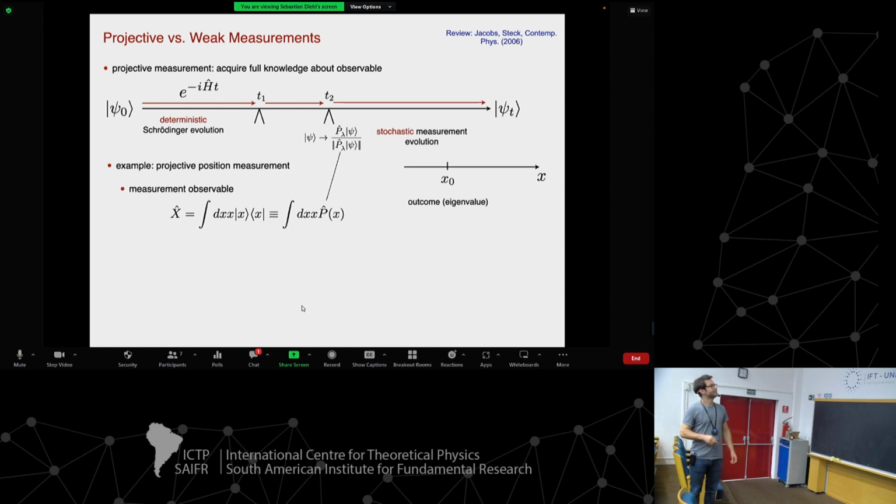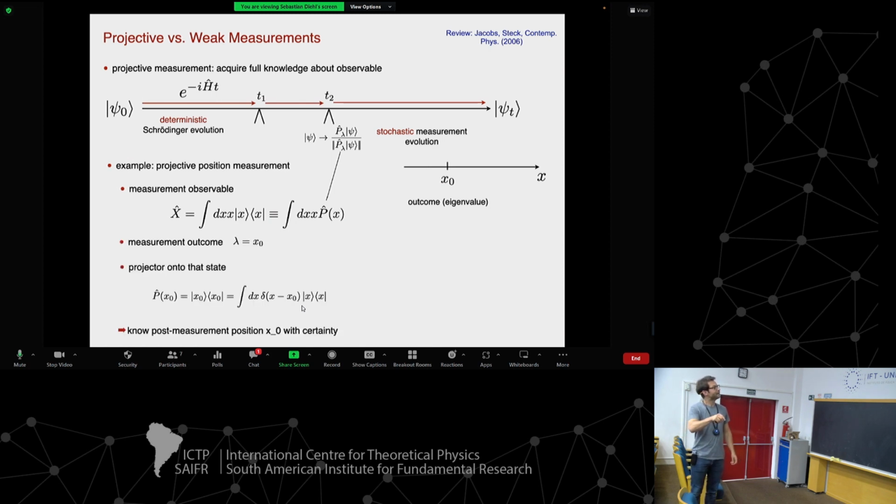Then the measurement outcomes of this process are what is written here. Lambda is a continuous variable, x naught can come out. And as I said, the projector onto that state, when the measurement outcome was exactly x naught, is this one here.